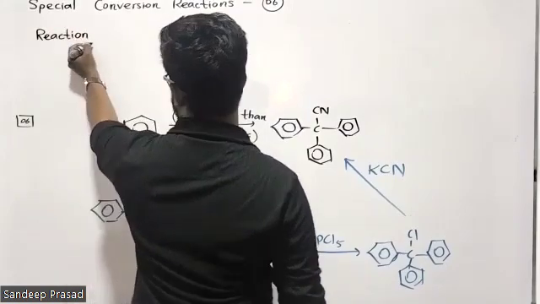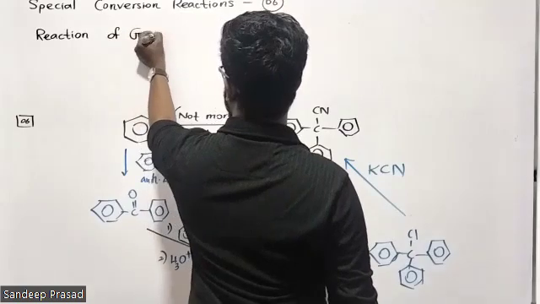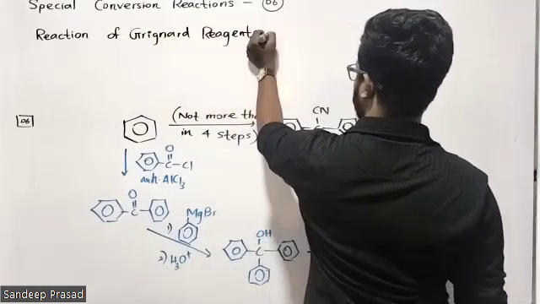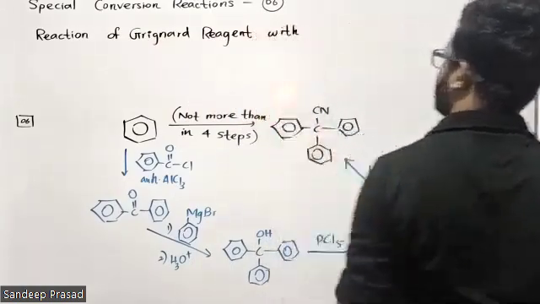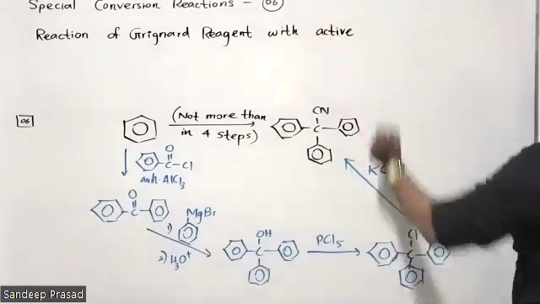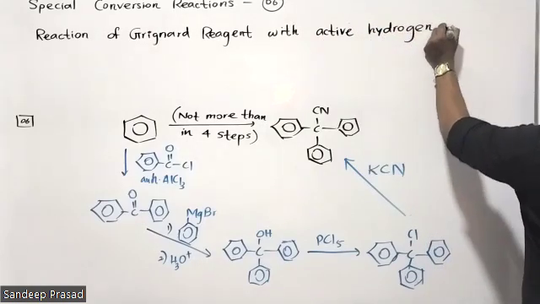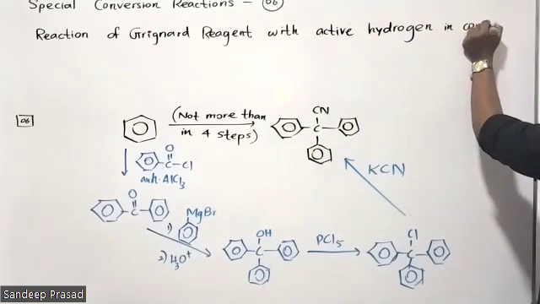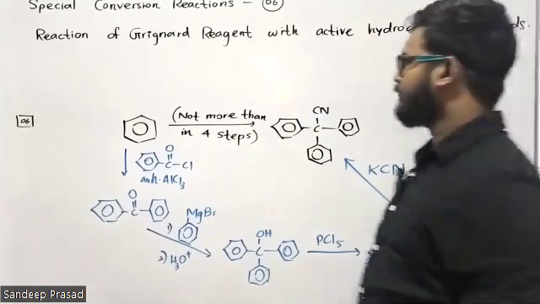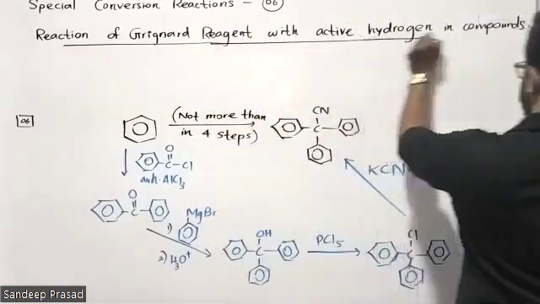Reaction of Grignard reagent with active hydrogen in compounds. Write down the heading: reaction of Grignard reagent with active hydrogen in compounds.